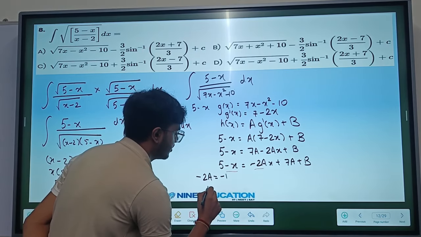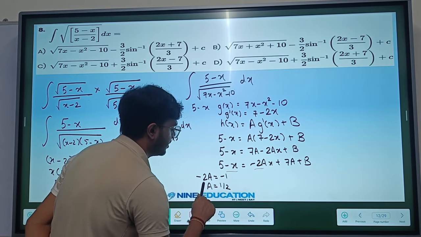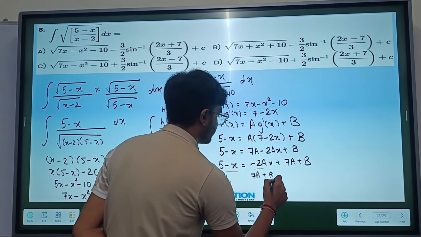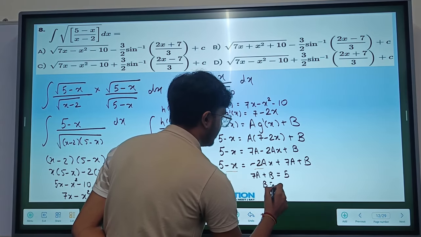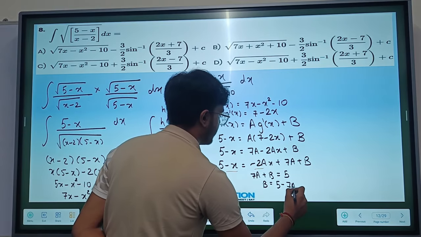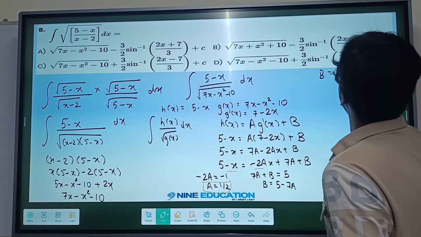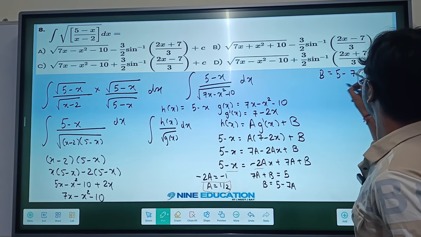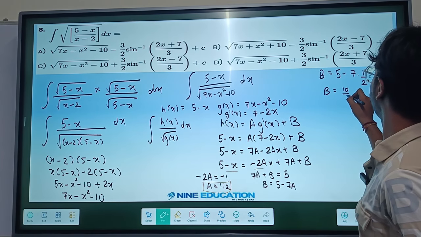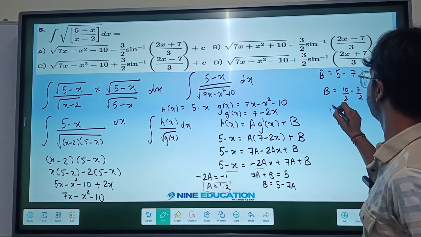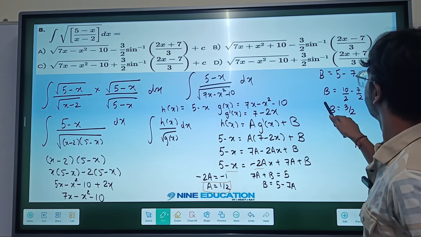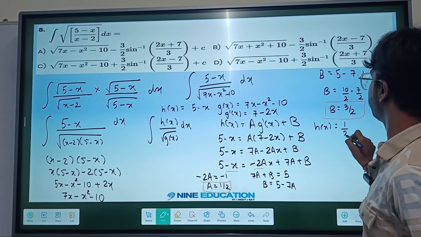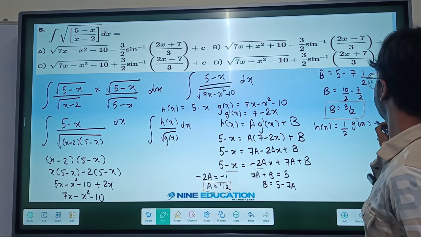So −2a equals −1, a would be 1/2. The constant coefficient 7a + b is 5, so b would be 5 − 7a. So b is 5 − 7 into 1/2. If you take LCM, 10/2 − 7/2, so b is 3/2. So you can write h(x) as (1/2)g'(x) + 3/2.